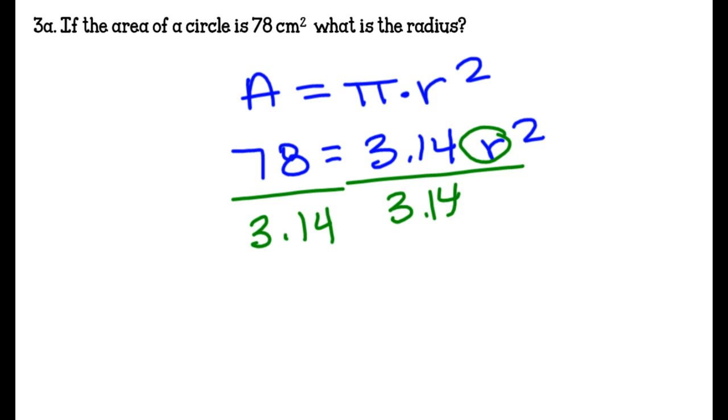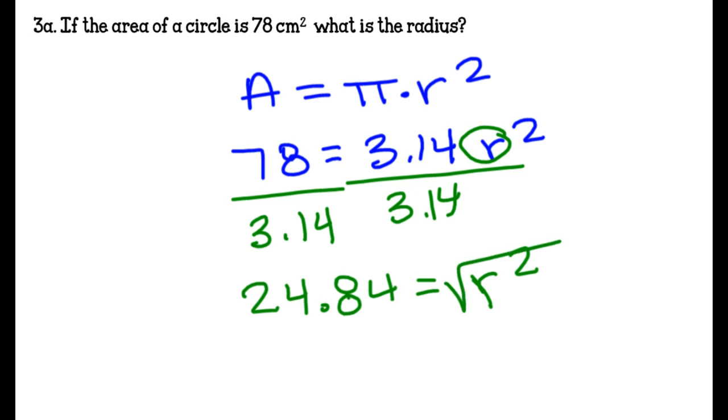And when we do that division, we get a long number, so we round to the nearest hundredth. And I get 24.84 equals r squared. Now, this is new information. To undo a square, you do a square root. So if I have 9 squared, I get 81. If I take the square root of 81, I get 9.